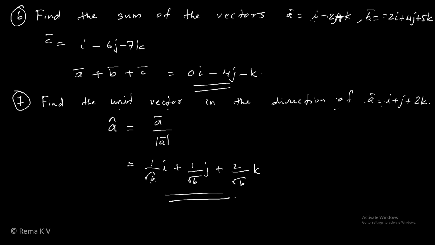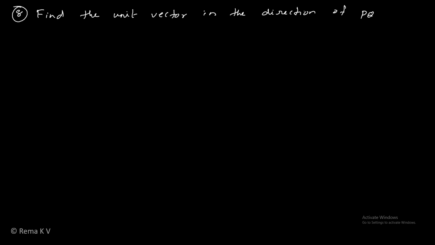Okay, the next one. Find the unit vector in the direction of vector PQ, where P and Q are the points.